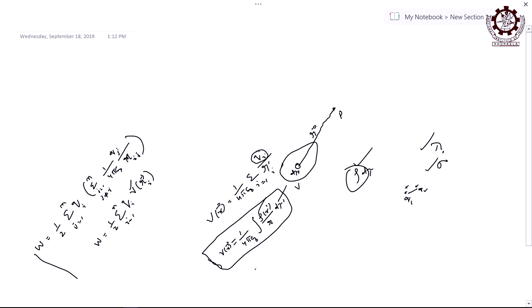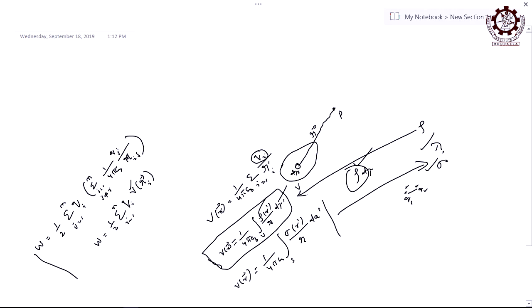So, if it is for surface, then 1 by 4 pi epsilon 0 integration of sigma of r prime divided by r, d A prime, right. When surface charge density is sigma, area is A. So, integration is over the whole surface S, but this other integration is over the whole volume. Similarly, this is your V of r for surface charge distribution, and if it is rho, then this is the volume charge integration, right.